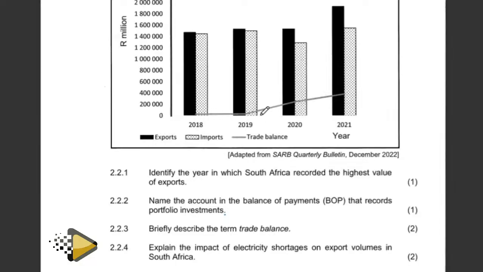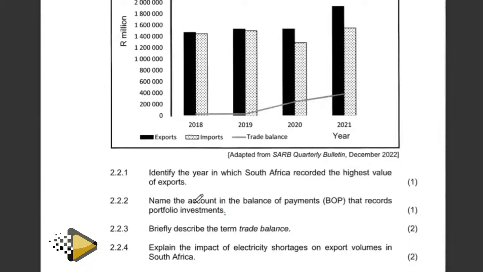But starting from 2019 to 2021, there's been an increase in the level of exports, or the volume of exports amongst the different set of countries. As well, the graph keeps on increasing from 2020 towards 2021, which is a clear indication that there's been an improvement in terms of the exportation of goods and services.